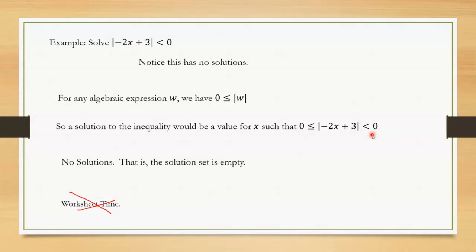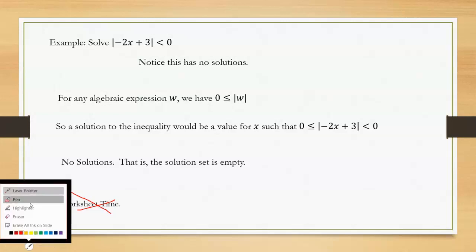Well, that's impossible. There's no number that's less than 0 and greater than or equal to 0. In this case, if you had this inequality, you would have no solutions. In other words, the solution set would be the empty set. Remember, the empty set is the set with nothing in it.